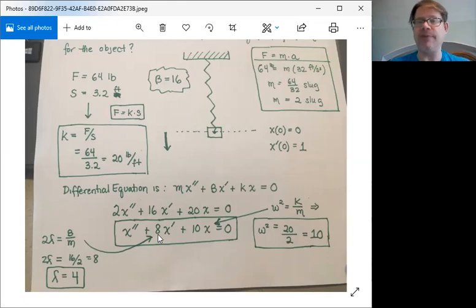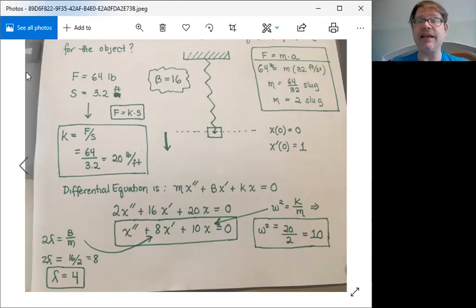So 2 lambda is equal to 8 here, and that means that lambda is equal to 4. Also remember 2 lambda is always equal to beta divided by m. So if beta is 16 and the mass is 2, that means that 2 lambda is going to be equal to 8. So we've got lambda equal to 4, and that's going to mean that lambda squared is 16.